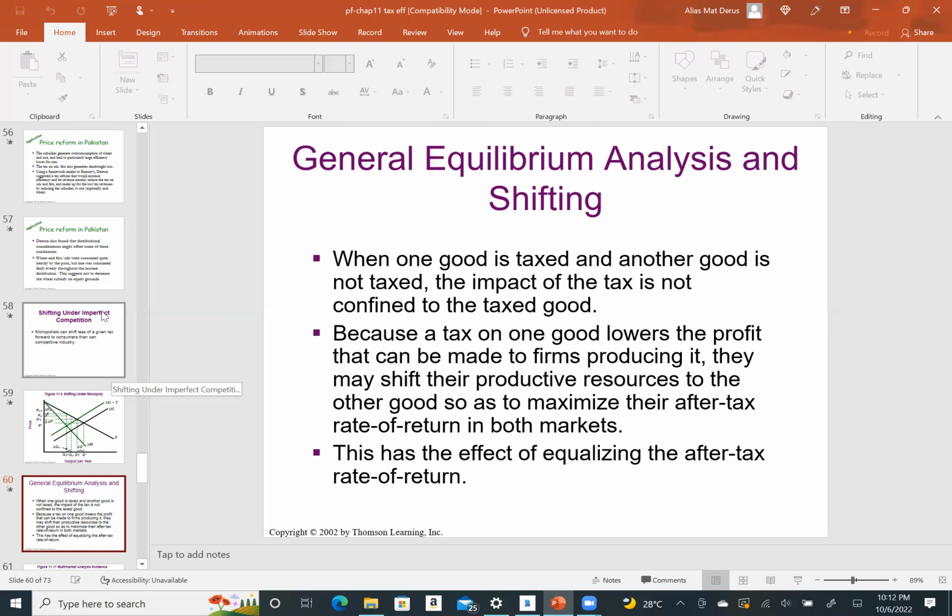Maybe they have to spend 100% of their income on basic needs. That makes them worse off. So we have to move away from that principle in order for us to be fair.